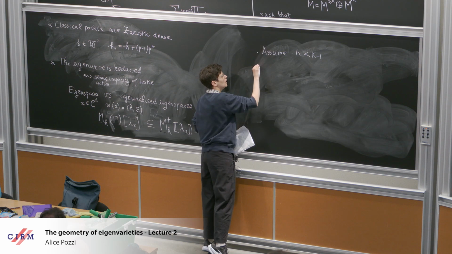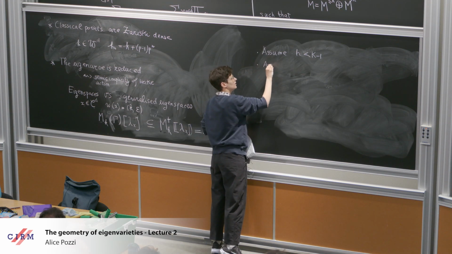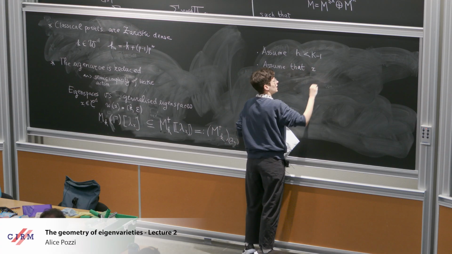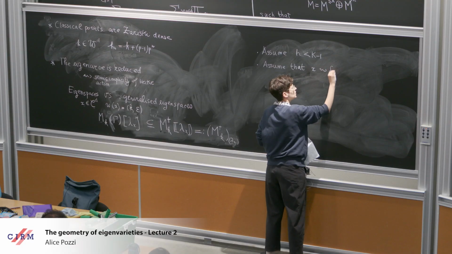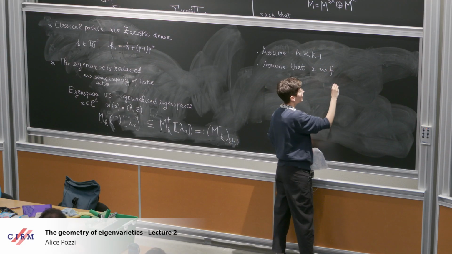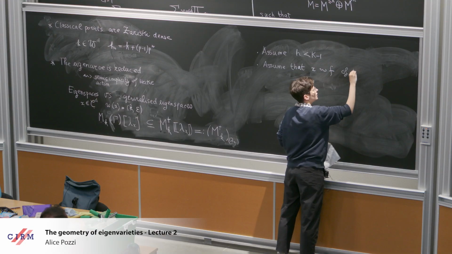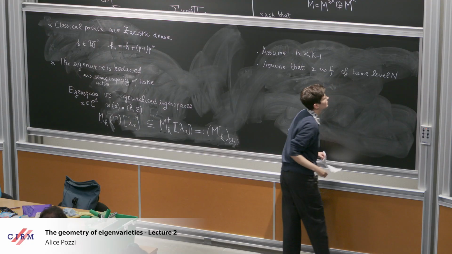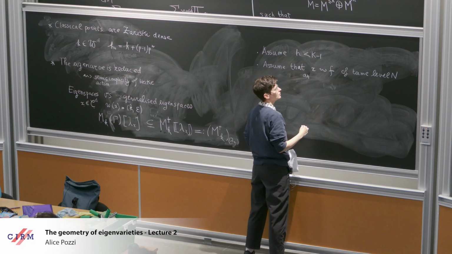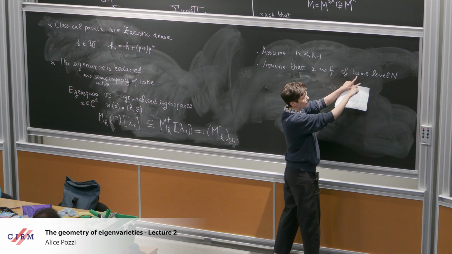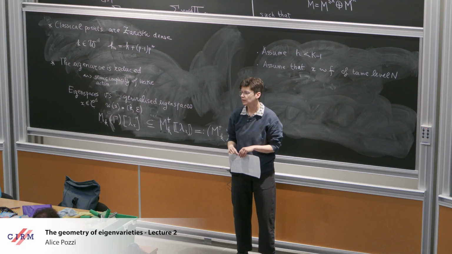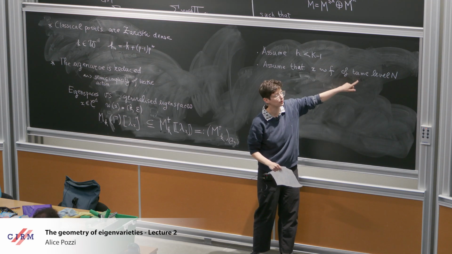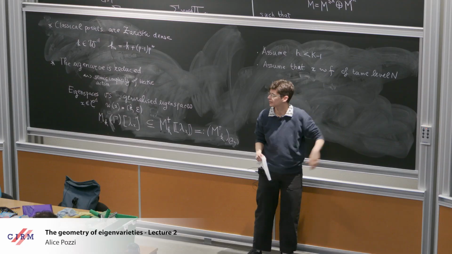So I can force this eigenspace with some simplifying assumptions. I'm going to assume that x corresponds to a classical form of level N, meaning that the prime-to-p part of the level is N, by which I mean it doesn't actually come from lower level away from p.